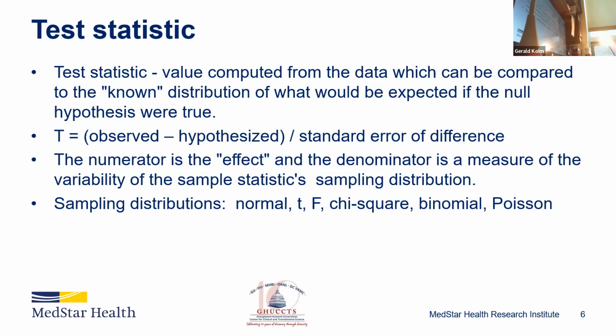And so the numerator is our effect, and the denominator is a measure of the variability of the sample statistic's sampling distribution. And sampling distributions are, for example, the normal distribution. We'll talk about that, the t-distribution, chi-square distribution, binomial distribution. Those are all what we call sampling distributions.